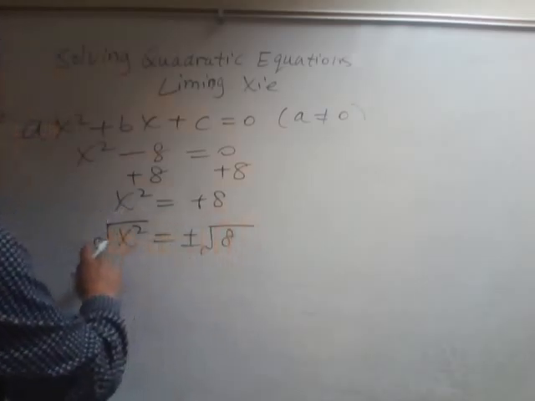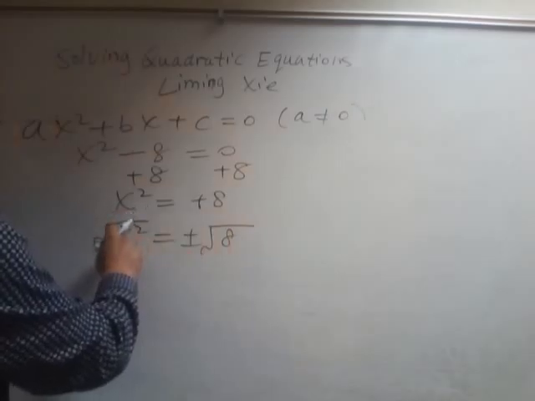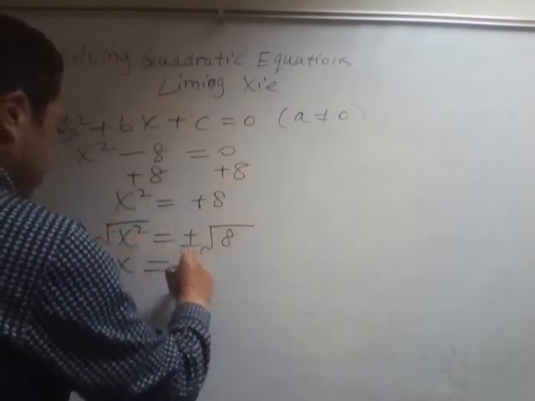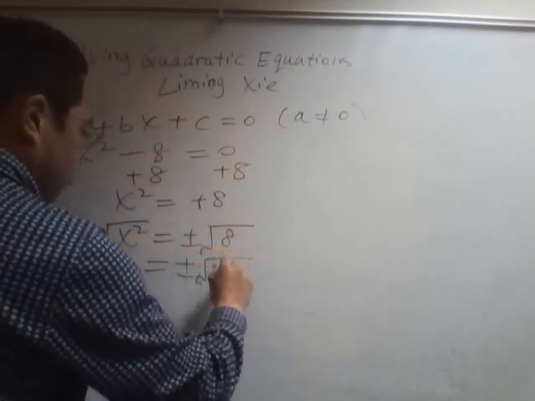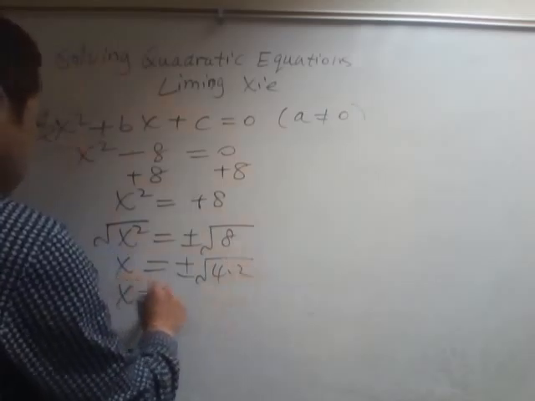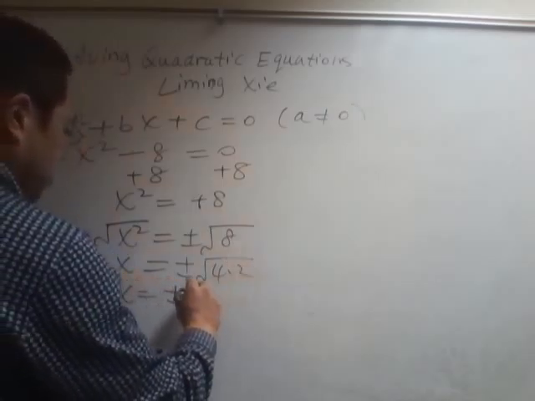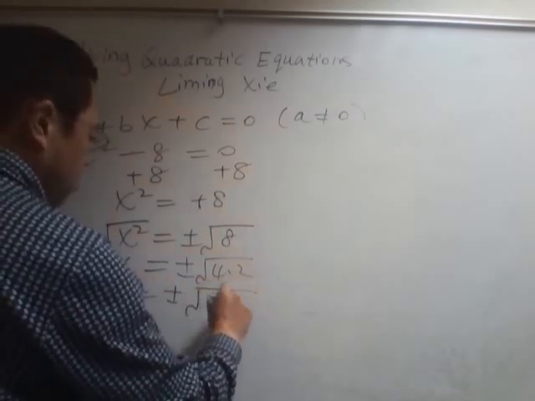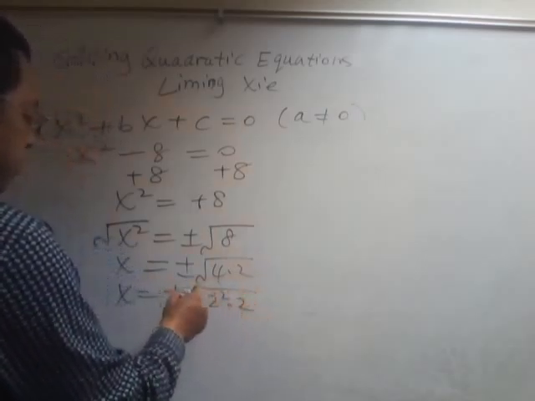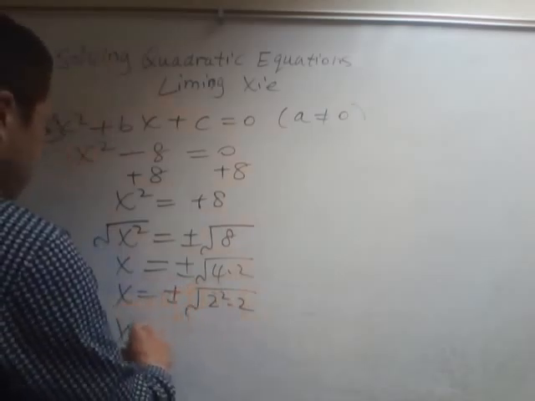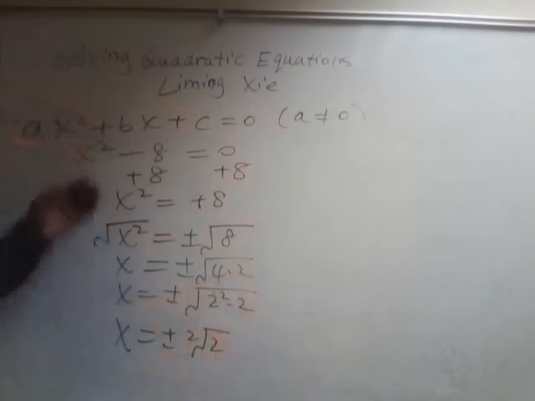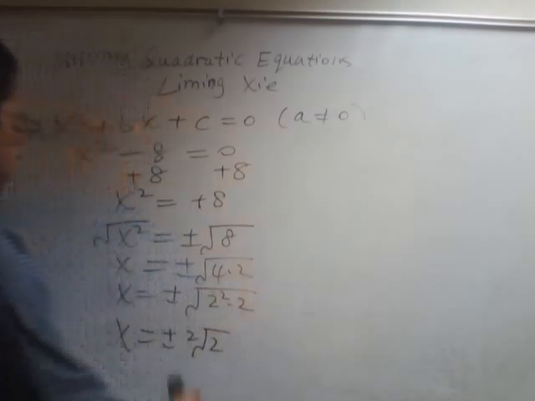Okay, we take out the square root for x squared. So we get x equals plus or minus the square root of 4 times 2, right? So x equals plus or minus the square root of 2 squared times 2. This one we can take outside. x equals plus or minus 2 times radical 2. We figured out this quadratic equation, right?